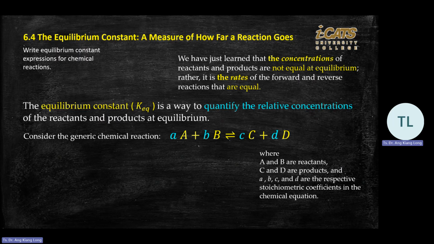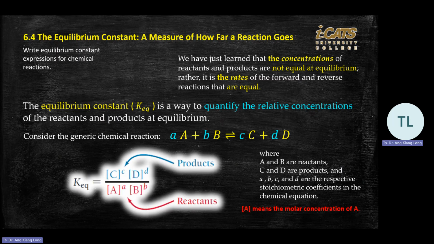The yellow color, capital A, B, C, D, means reactant and product. The ones on the left mean reactant. The ones on the right, C and D, mean product. Then the sky blue color, small a, b, c, d, are the stoichiometric coefficients.